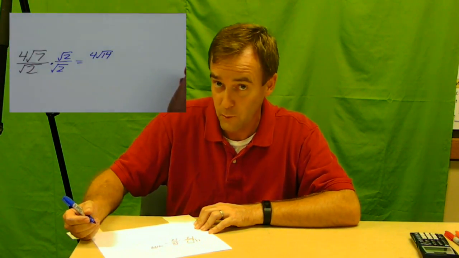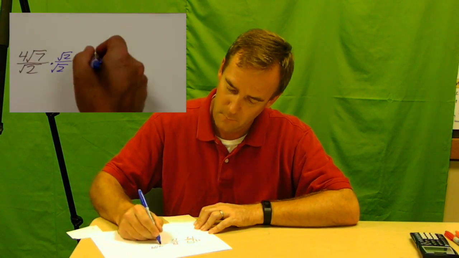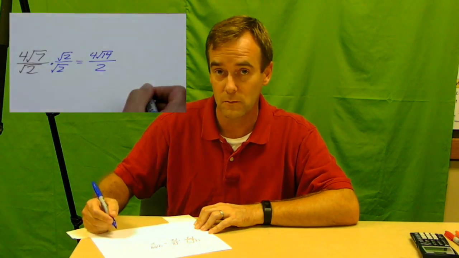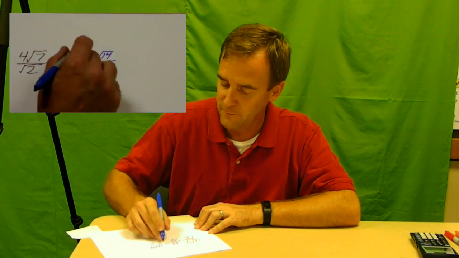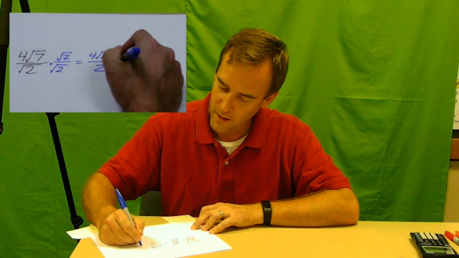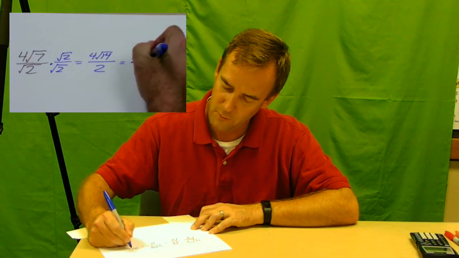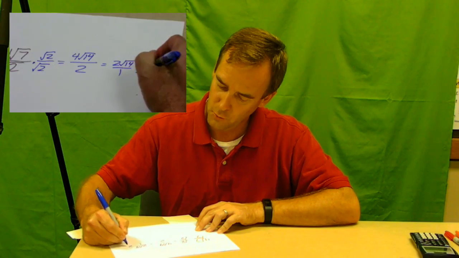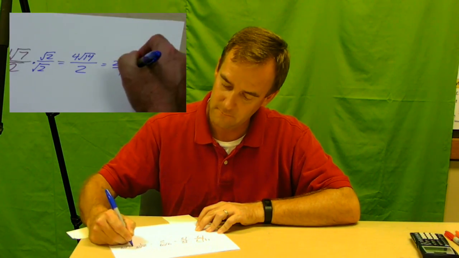The square root of 7 times the square root of 2 can multiply together. Put that over the square root of 2 times the square root of 2, making 2. I can go one step further now, can't I? The 4 and the 2 are not under radicals, so I can make them as small as I want. Take the 4 and the 2 and cancel, and I wind up with 2 square roots of 14 over 1, or simply 2 square roots of 14.